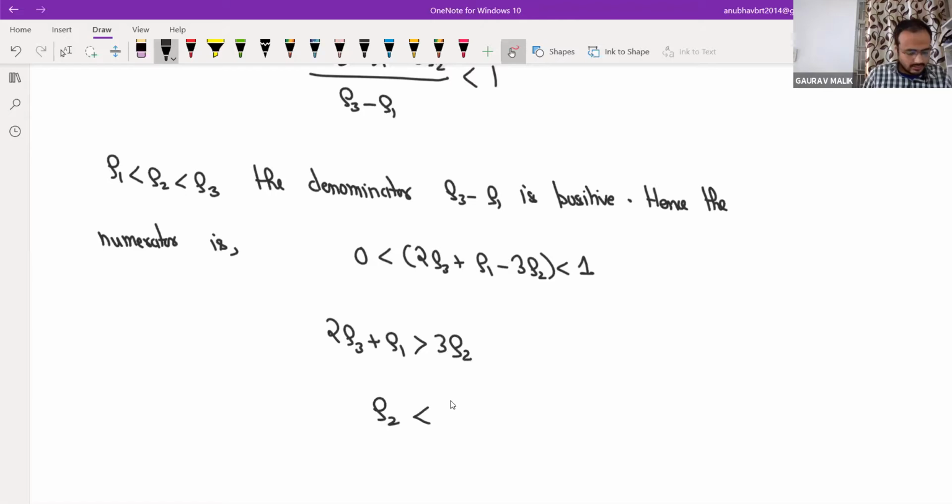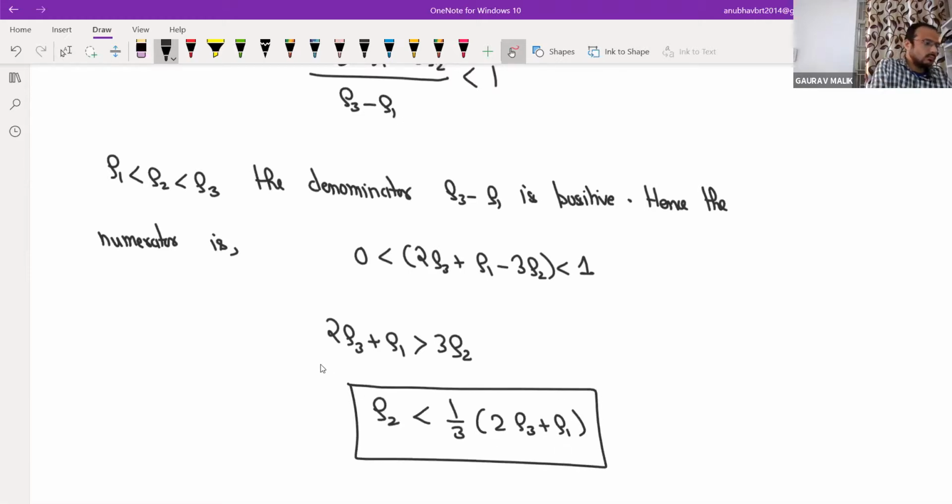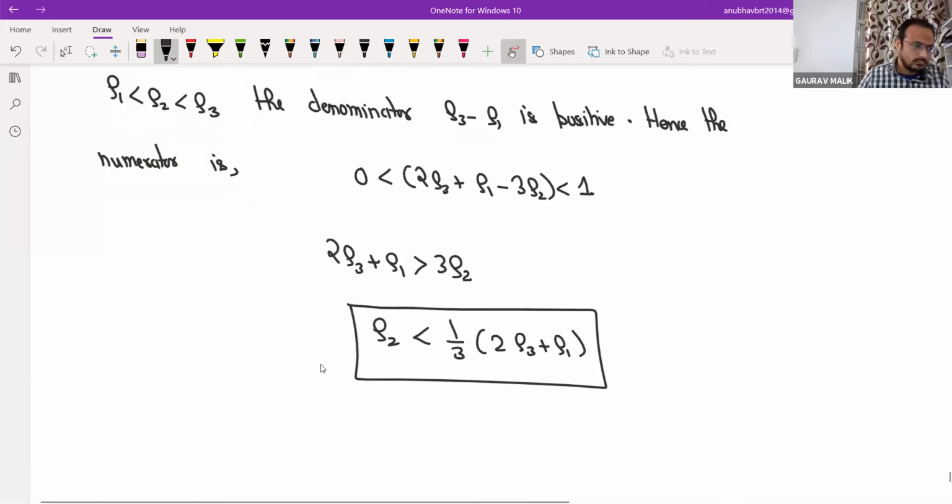So rho 2 is less than 1 by 3, 2 rho 3 plus rho 1. So this is the first part.